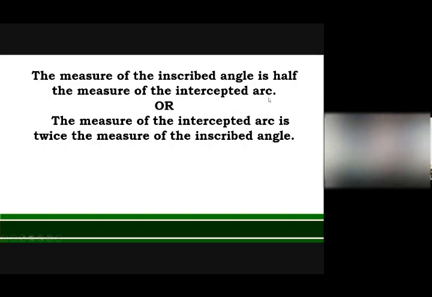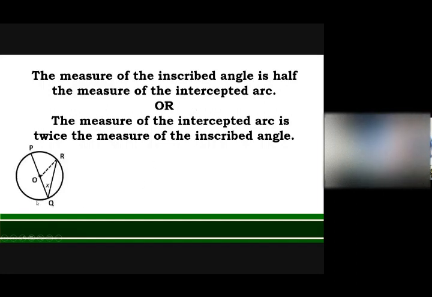Okay, so na-discuss natin yan last week, no? Kapag kukunin natin yung value ng intercepted arc at ang given natin ay ang inscribed angle, we will just simply multiply the inscribed angle by 2 para makuha ang kanyang intercepted arc. The measure of the intercepted arc is twice the measure of the inscribed angle. Ito yung sabi natin kanina and last time.